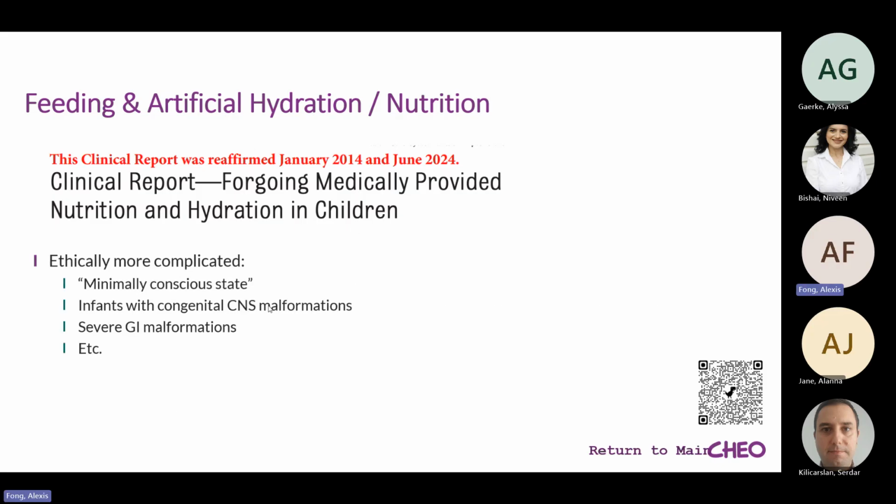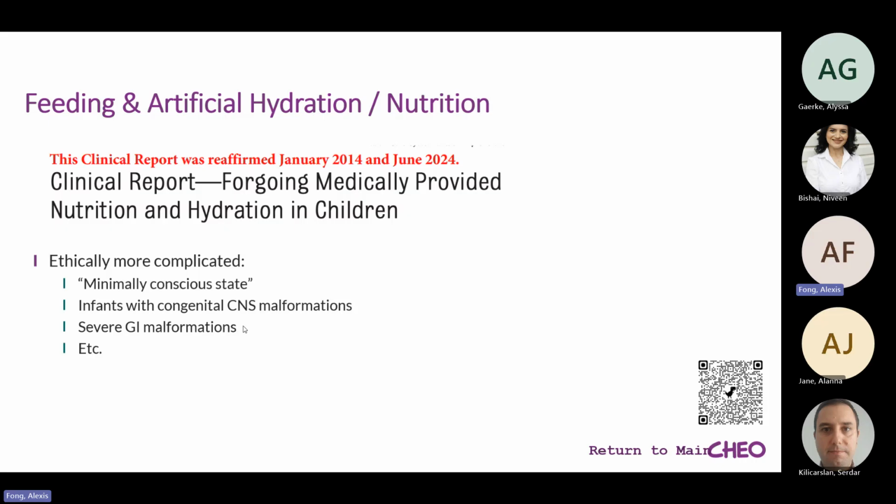It's a really long article, but it's a good read. They talk about some ethically more complicated states, like the minimally conscious state, where you are able to have some type of interaction with your environment, and you might be able to appreciate what it feels like to have a feed, or what it feels like to be hungry, or might not be able to communicate. So ethically, a lot more complicated.